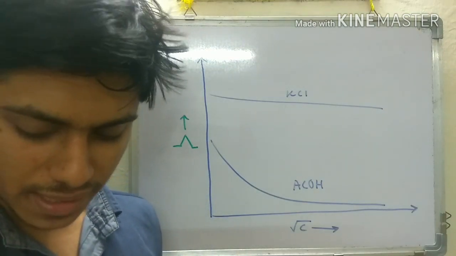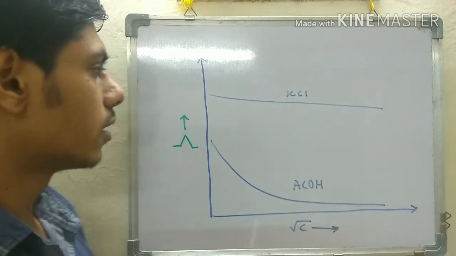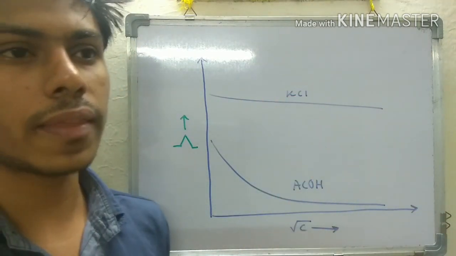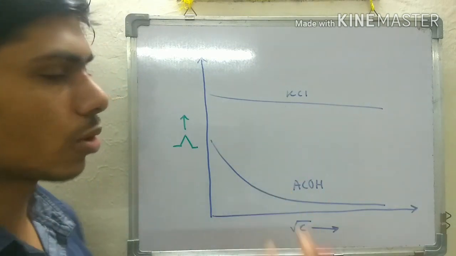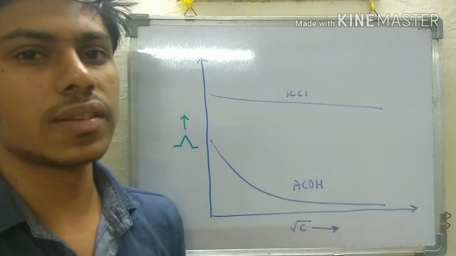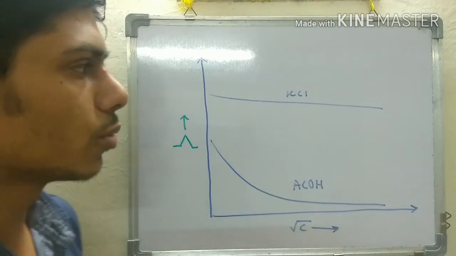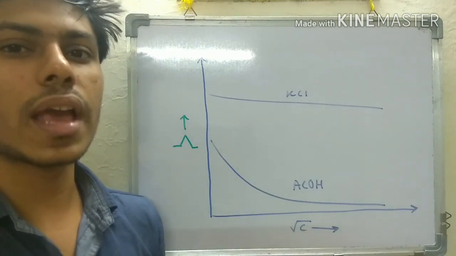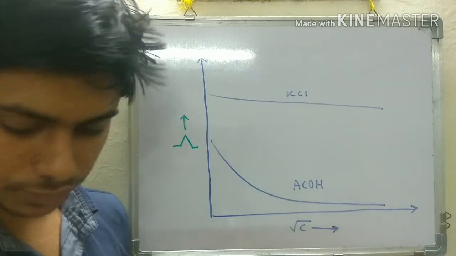So to explain why the conductance of KCl solution or other strong electrolyte solutions also increases with increasing dilution, we have to use the relationship known as Debye-Huckel limiting law.